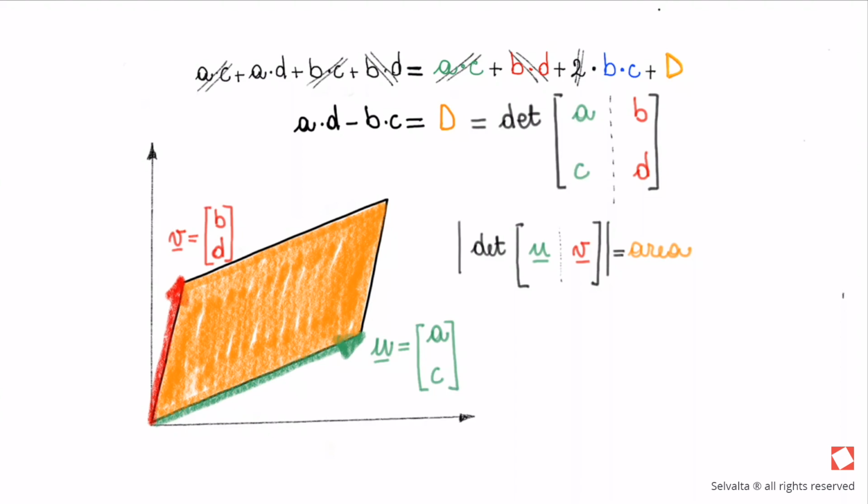Indeed, the area is a positive quantity. And remember that the calculation of the determinant changes sign if you twist two columns. And we want to obtain the same result if we calculate the area of the parallelogram with sides U and V and of the parallelogram with sides V and U.